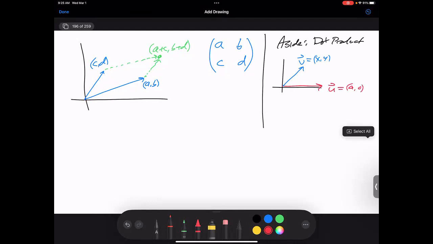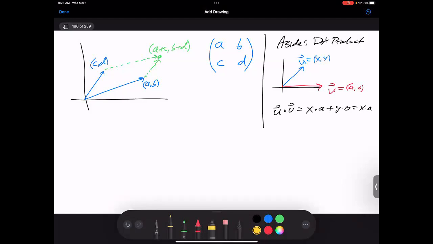Let me change which one is which: I'll make this one V and the other one U. Here's U, here's V. So U dot V is just x times a plus y times 0, which is just x times a.